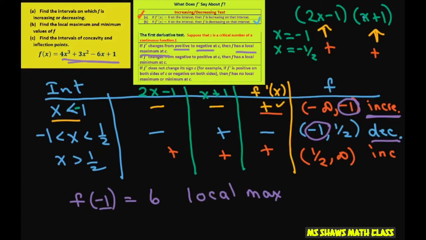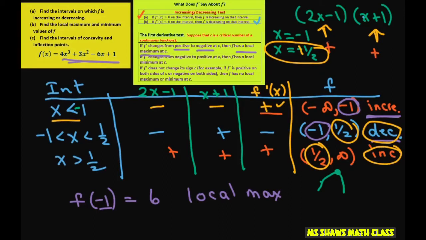And so that means it's increasing to decreasing. That's where you're getting your local max. Now, the other critical value is 1/2. So you're going from decreasing to increasing, or negative to positive.